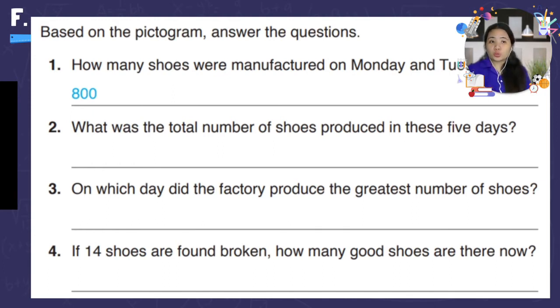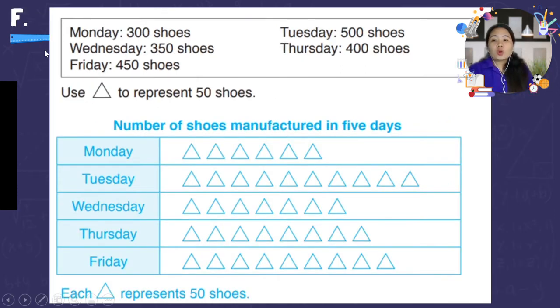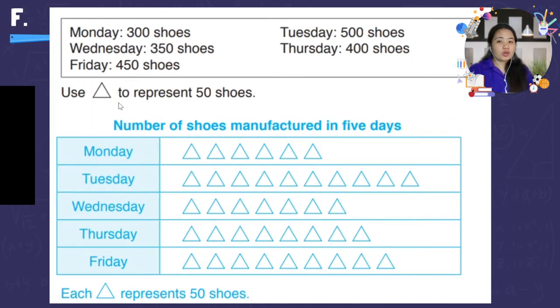Okay, number 2. What was the total number of shoes produced in these 5 days? So you have to count everything for 5 days. So Monday, Tuesday, Wednesday, Thursday, and Friday. Okay, so let's solve. Let's write.